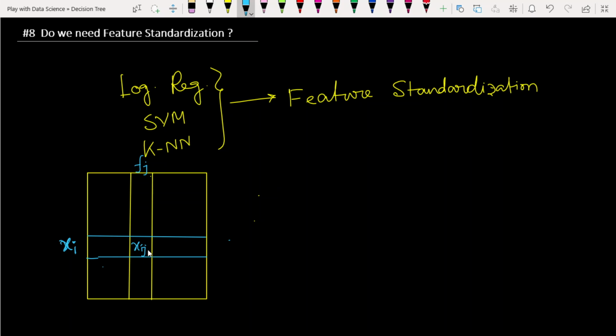Then how will we perform the feature standardization technique? It is performed like this: xij dash is equal to xij minus mu j, divided by sigma j. What are mu j and sigma j?